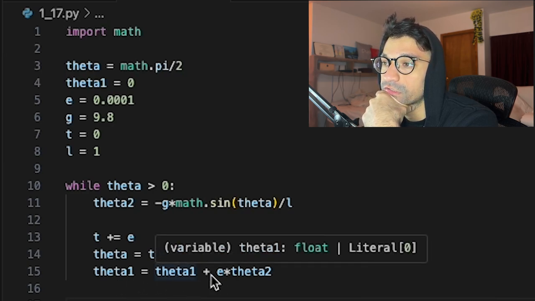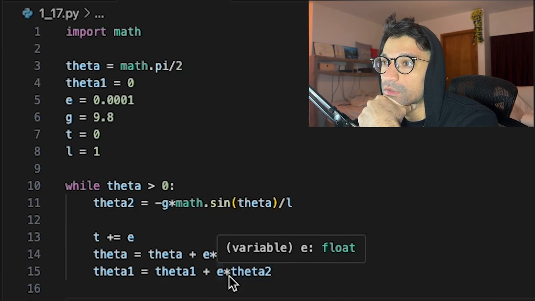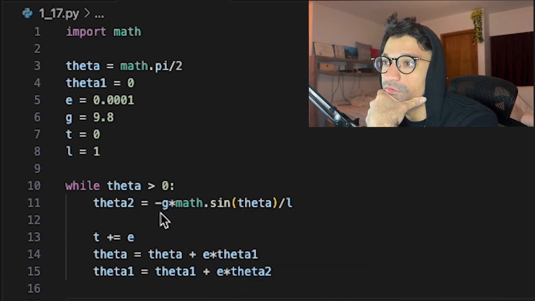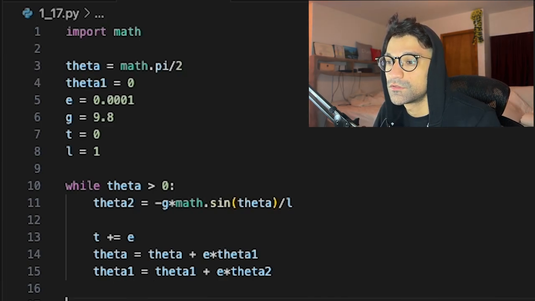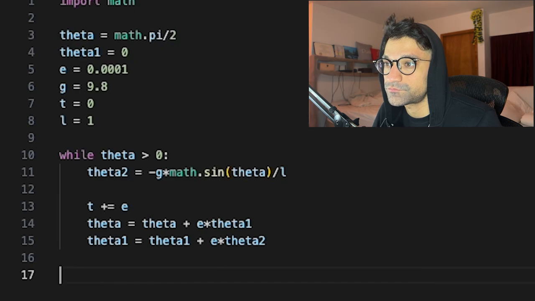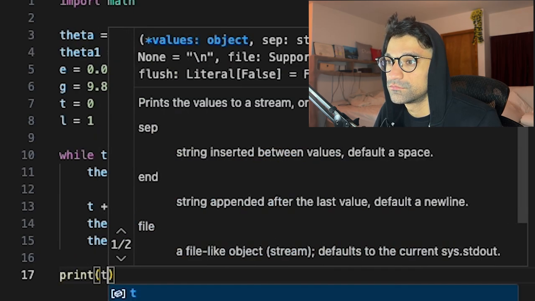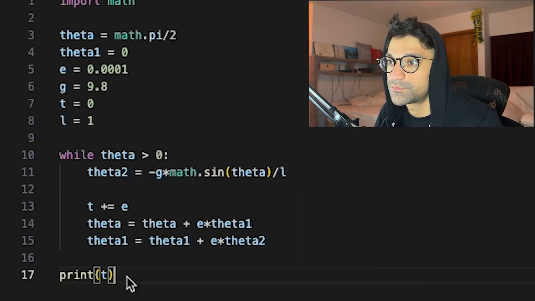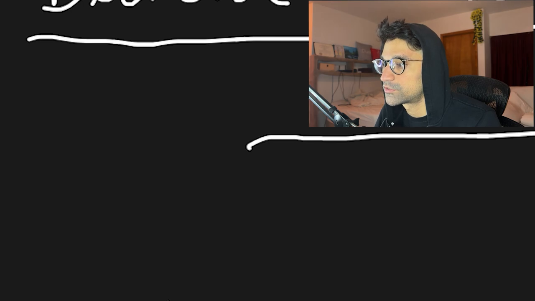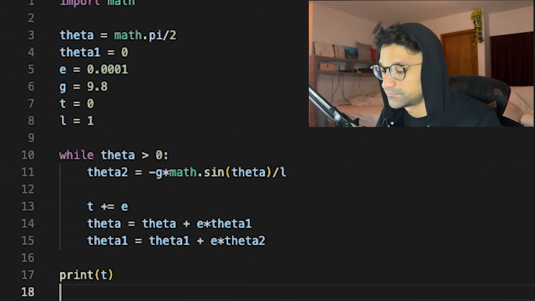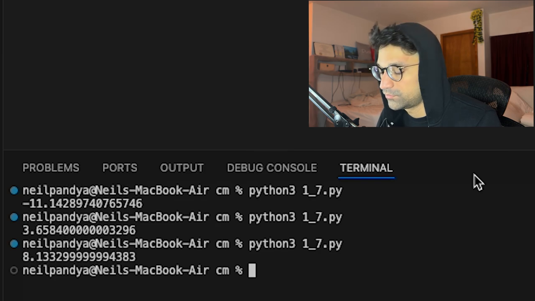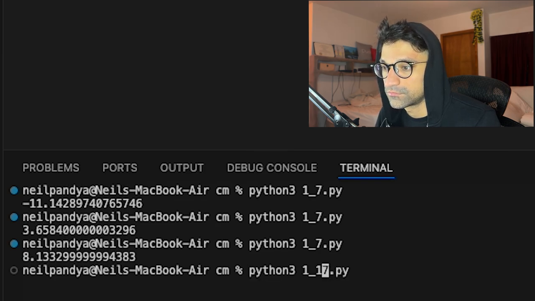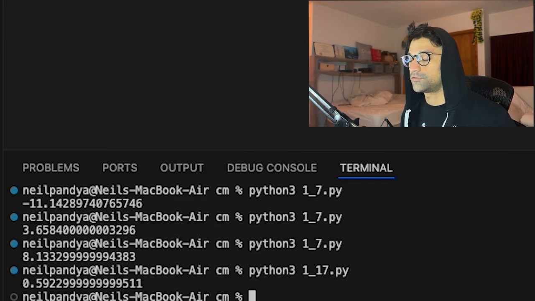It looks like it's old theta 1, but then it gets updated by theta 2, and theta 2 is a negative number, so it should get smaller. Theta 1 should be negative, and I think this should work, but hopefully we don't get stuck in the loop or something. So I'm going to print t, and we're expecting 0.592. This is problem 1.17. Yep, there you go.